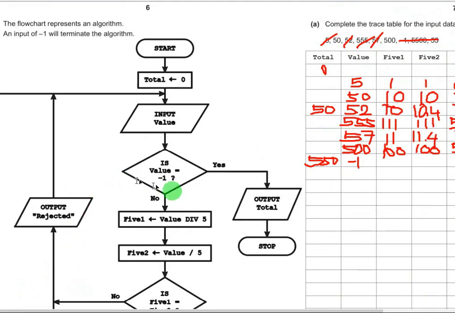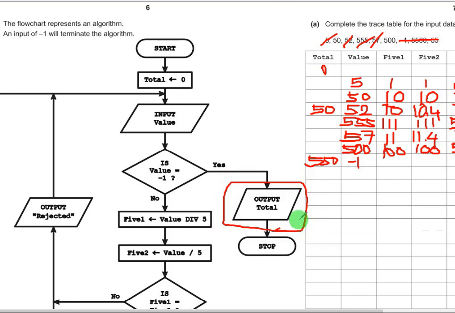When you try to find out what is the last purpose of the program, look at the stop at the end of the program. Look at the step before the final one.